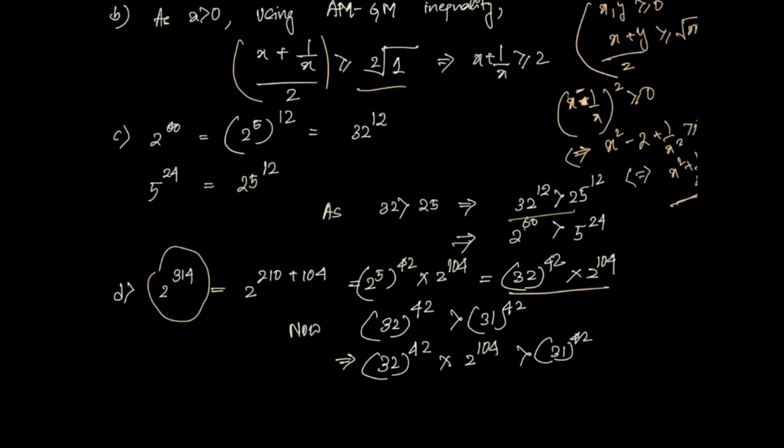So both of them raised to the power 42, it's still 32 to the power 42 is greater than this one. So since this value is already greater than this, multiplying the LHS by 2 to the power 104 makes it even bigger. So it's anyways greater than 31 to the power 42.